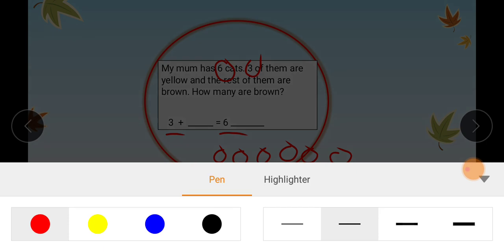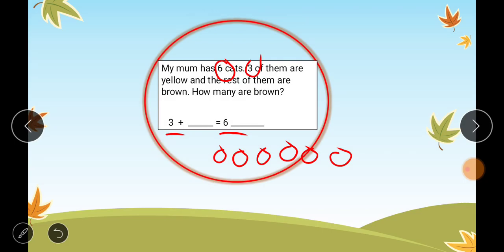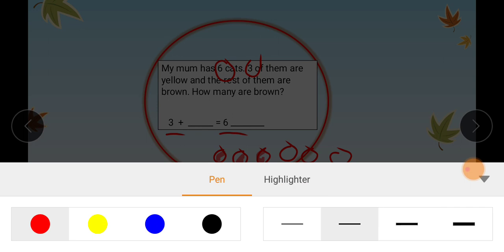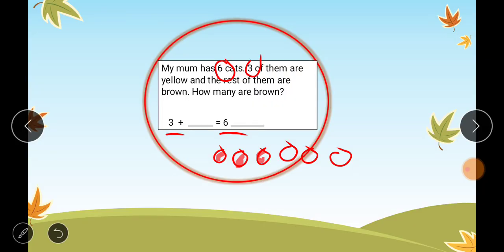Then you color the number of balls for the given addend. What's the given addend? 3. So we color 3 balls. 1, 2, 3. How many balls are left uncolored? 3 balls. So our missing addend is 3.